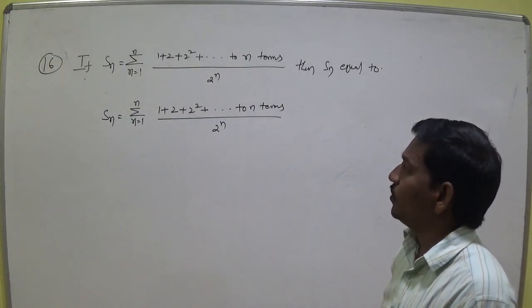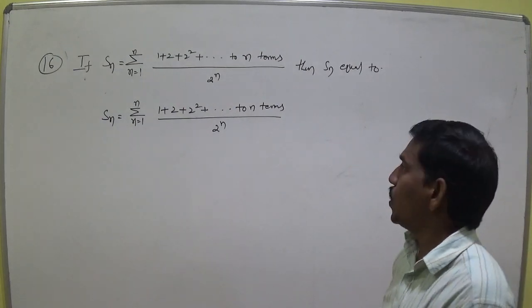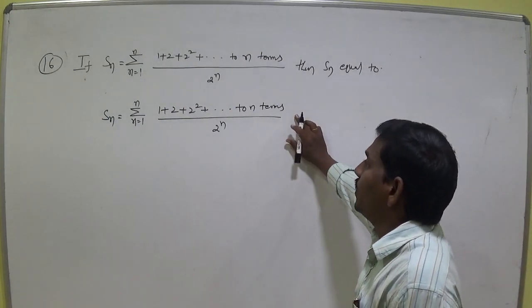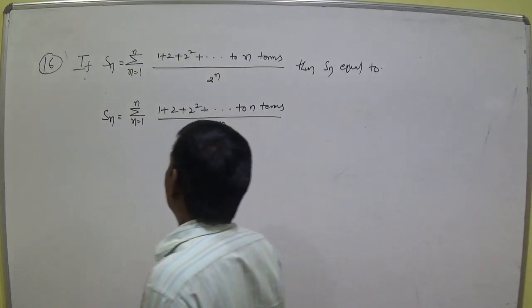How many terms are there? n terms, divided by 2 power n.